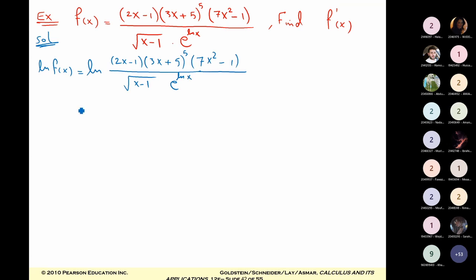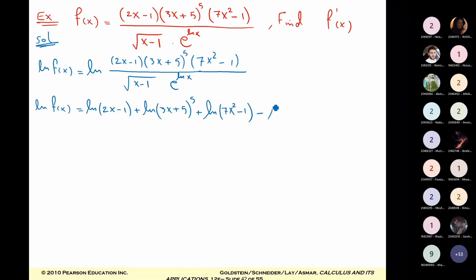After distributing the ln, ln f of x equals ln (2x minus 1) plus ln (3x plus 5) to the power 5 plus ln (7x squared minus 1) minus ln radical x minus 1 minus ln e to the power ln x.